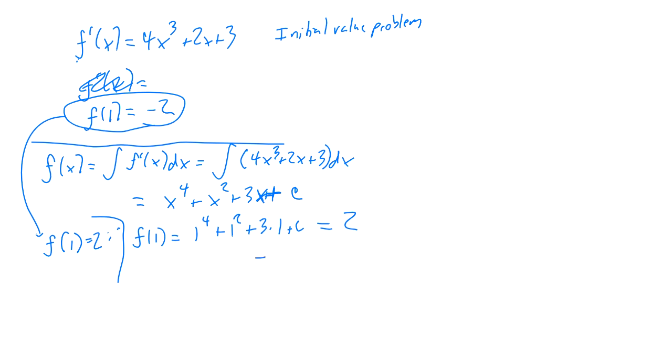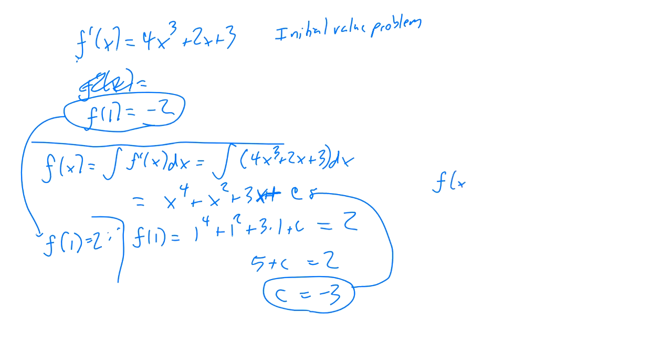So 5 plus c is 2. So it looks like c is -3, if I've done my arithmetic correctly. And then I plug that back in right here. So f of x will be x to the 4th plus x squared plus 3x minus 3.